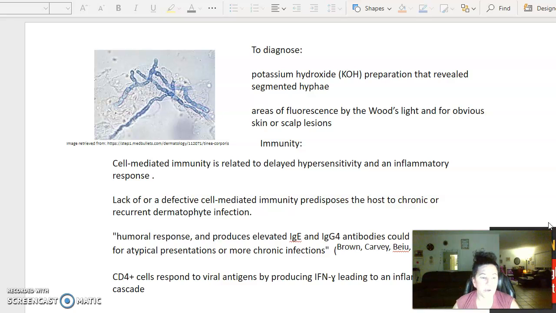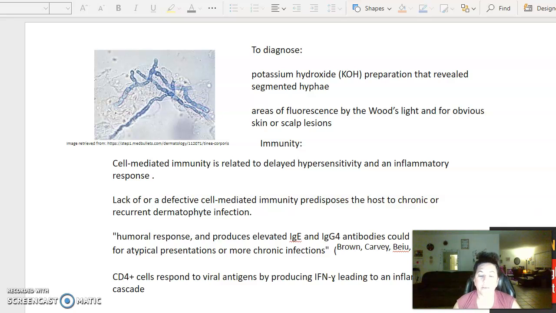The delayed type hypersensitivity, otherwise known as the DTH response, is dependent on the host, as I mentioned, and their ability to fight off the pathogen and the host's previous exposure to the antigen.